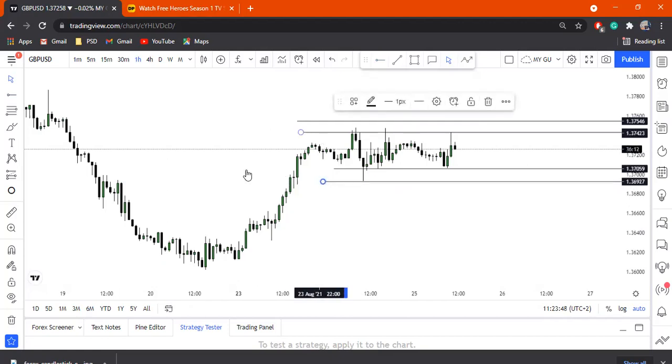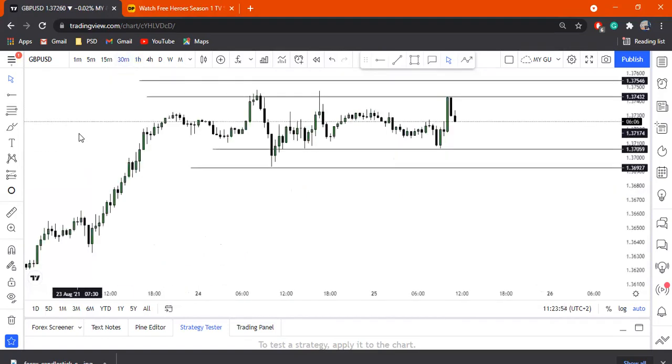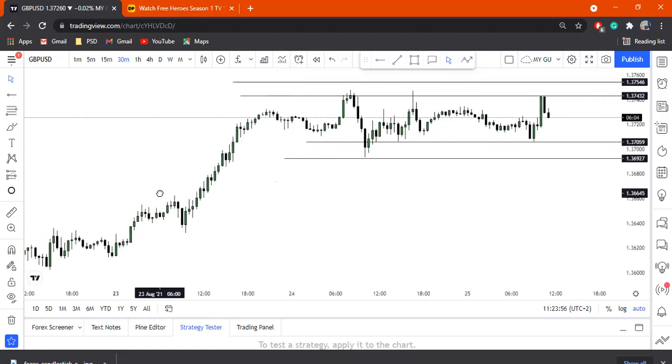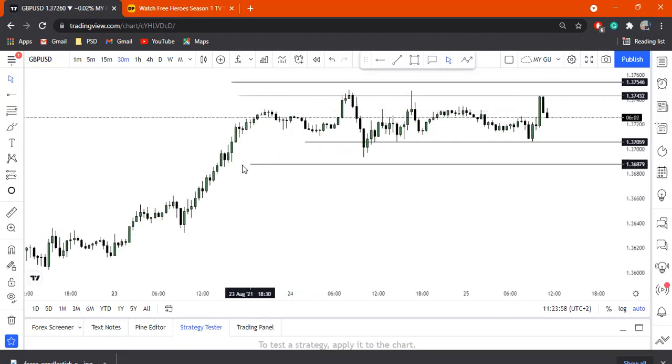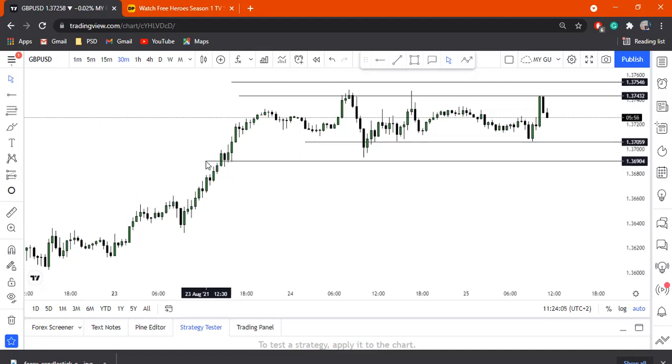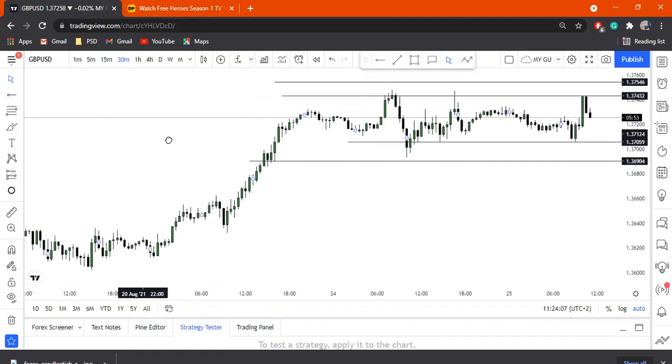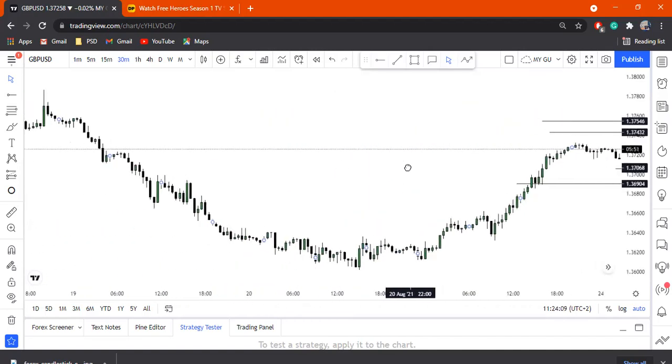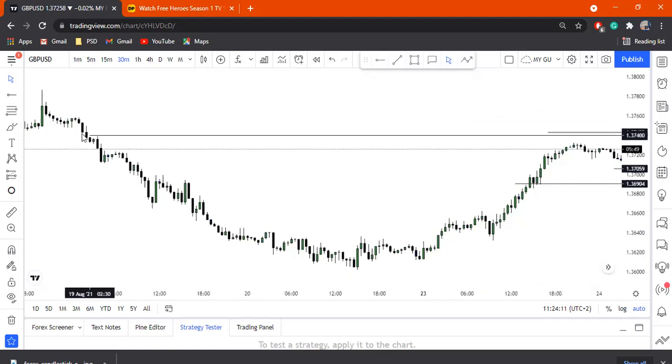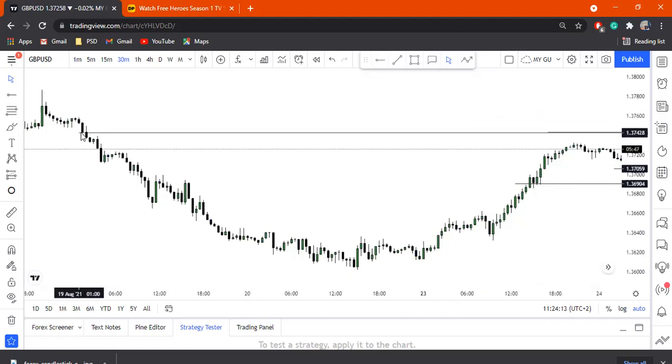If you don't know how to at least estimate what your 10 pip range could be, you could go on the 30-minute time frame and see what is the nearest area that price could reject. The nearest area could be this one, right? And if we look at our high, we could say around this area.